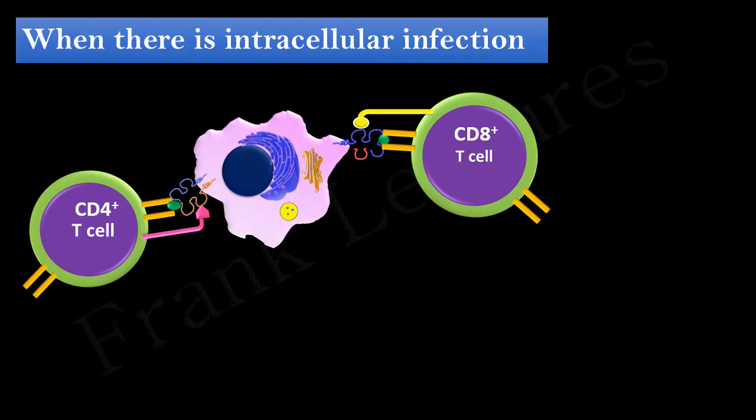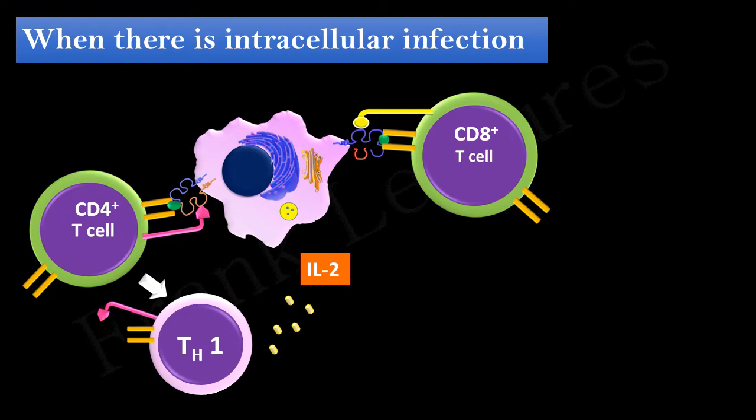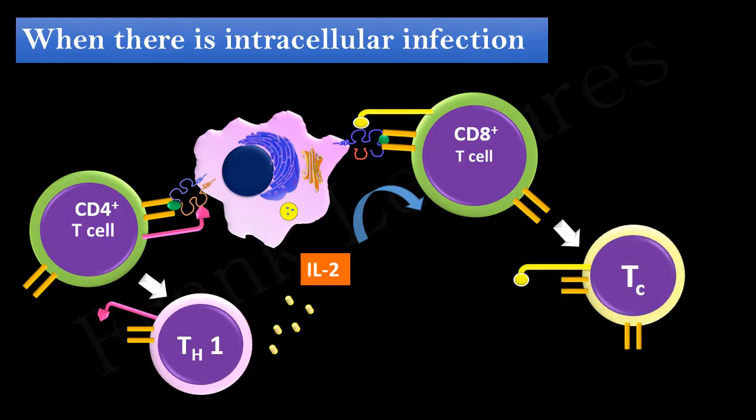At the same time, nearby activated T helper type 1 cells are secreting interleukin-2. Recognition of the antigen by CD8 positive T cell, and the signals from T helper cells, result in the activation of CD8 positive T cell. This T cell now proliferates and differentiates into effector cytotoxic T cells and memory T cells.